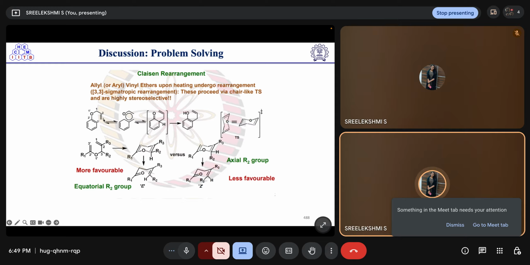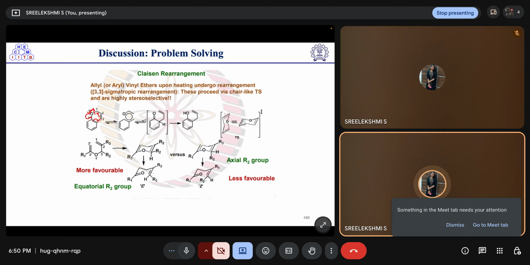So basically what is happening is this 1 prime bond will be getting cleaved, and there will be a new carbon-carbon bond formation between this 3 prime position and 3 position. Mechanistically, this oxygen lone pair will fall over here, and this will come over here, and this is breaking.